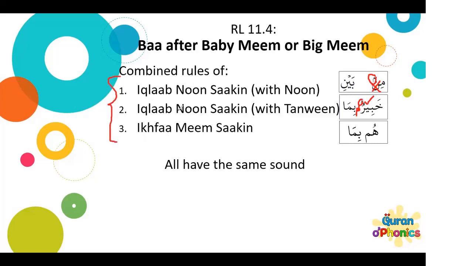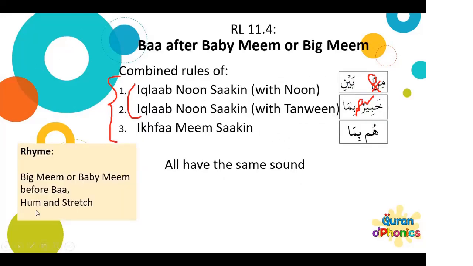Actually, there are 2 rules because these 2 are one. But this is the first time now we're introducing a rule of noon sakin with tanween, and we just tell them this rule. Right, let's move on. Big meem or baby meem after ba, hum and stretch.